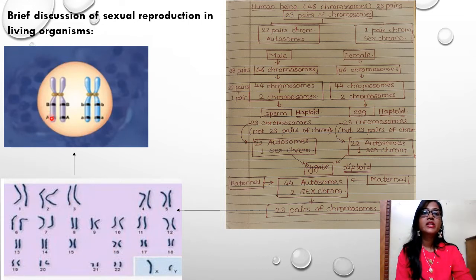And these pairings are in such a way that separate genes or separate alleles are present on the chromosomal pairs. So let's move to the next slide.